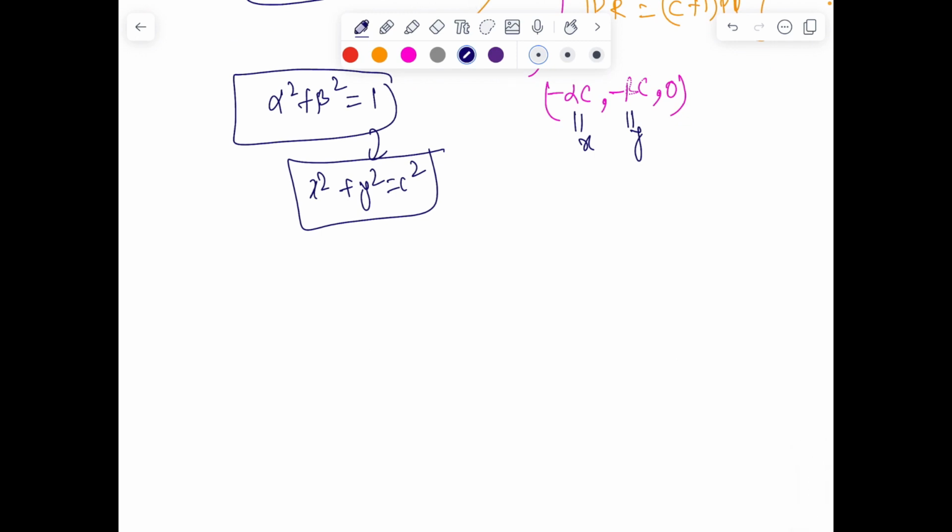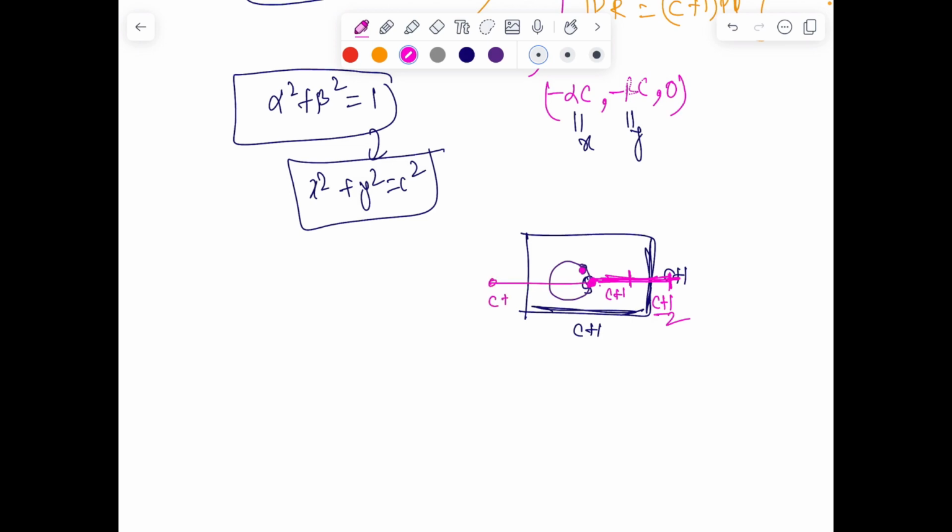And that is really interesting. You can play a little bit, because you know, for one particular location it was c plus 1 and c plus 1. Okay, now what will happen if Q is moving in a circular region? So for the extreme position of Q, I still will have this distance as c plus 1 by 2, and this guy is going to be c plus 1 by 2.